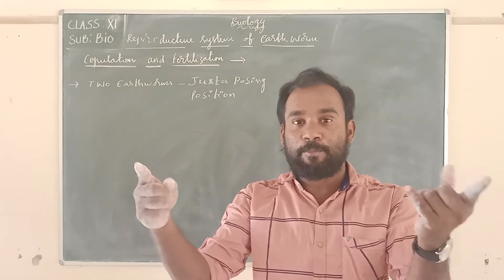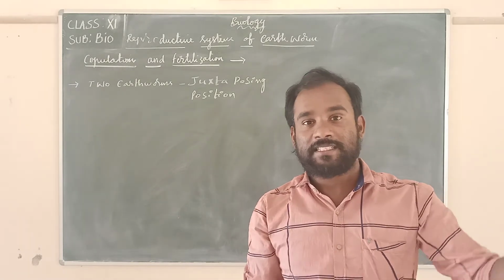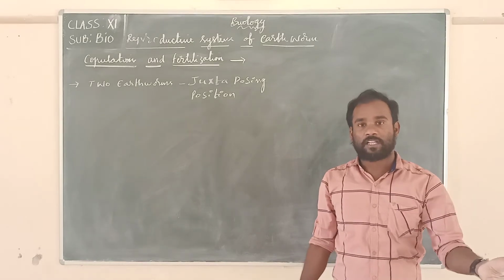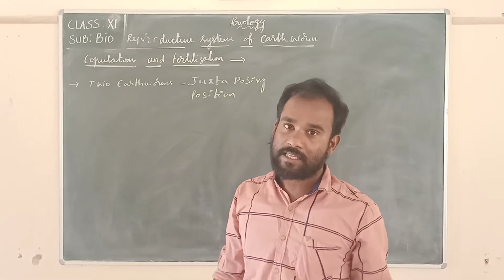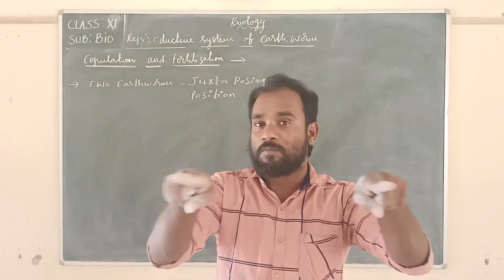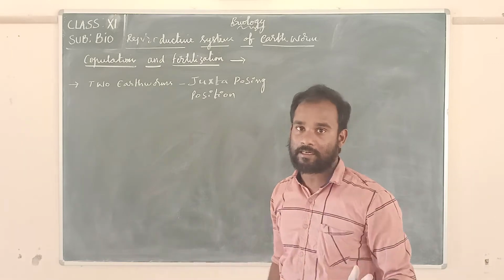Then what is the requirement for two earthworms to come together? Fertilization takes place in the same earthworm, no? Because testis is present in the same earthworm, ovary is also present in the same earthworm. So there only fertilization takes place. Why should two earthworms come together? For this question, I will say the answer later.